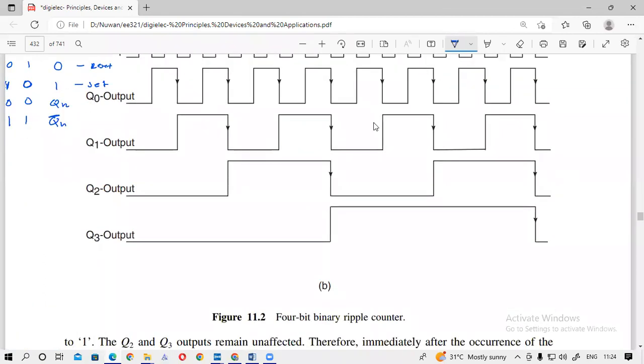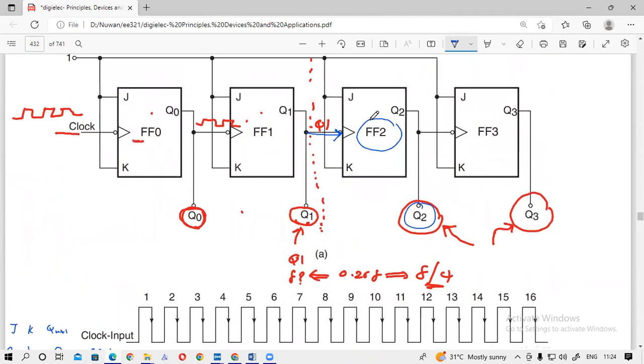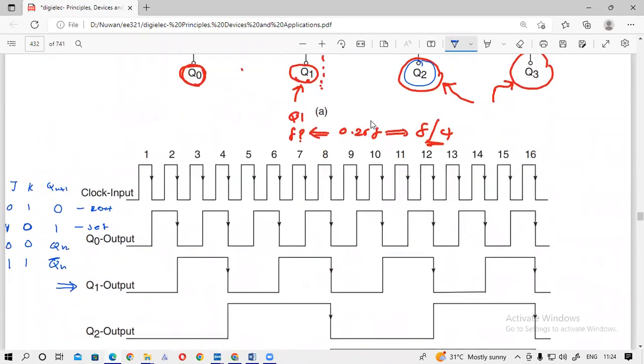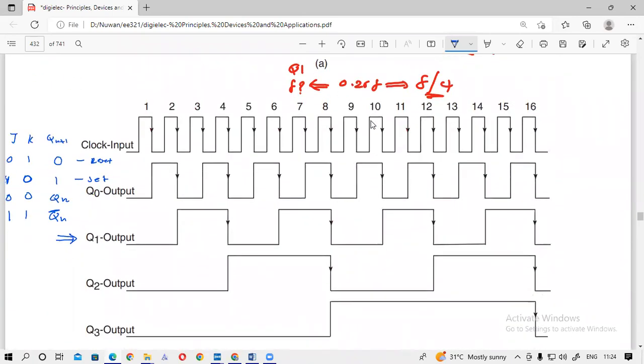This is the Q1 waveform. So this will be the clock signal for FF2, correct? Q1 will be the clock signal for this flip-flop, FF2. So we have to find the bits at Q2.